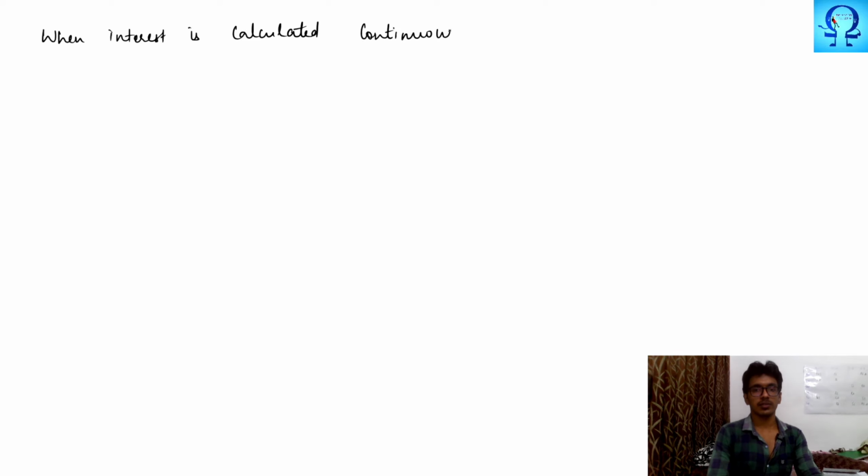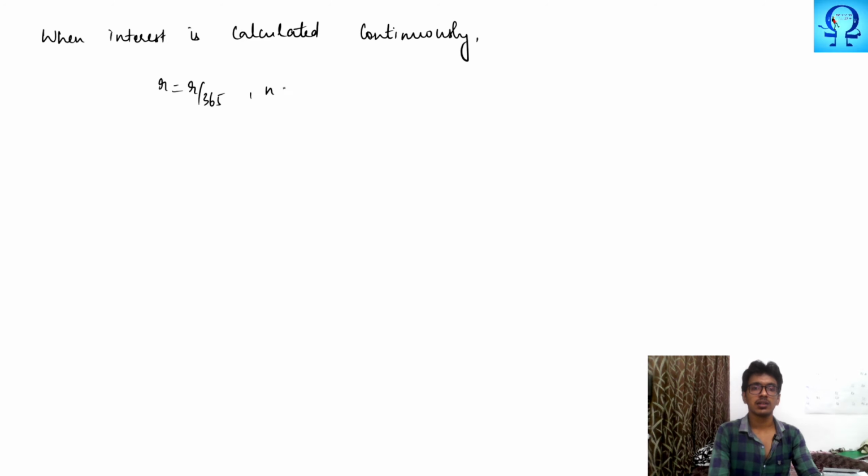Now suppose, let us consider the case when interest is calculated continuously. Continuously in the sense, not even in days. If it is days, we can easily replace r with r upon 365 and n with 365 times n. But this is not what is happening. If it is per minute, then in 365 days we have 24 hours, and each hour has 60 minutes, which means we'll have 5,25,600.